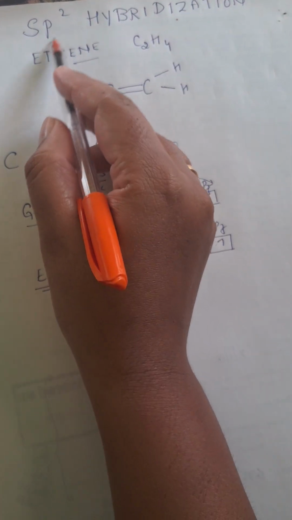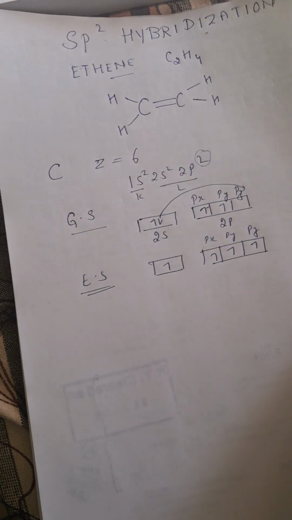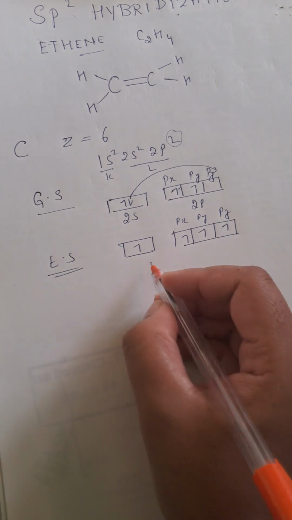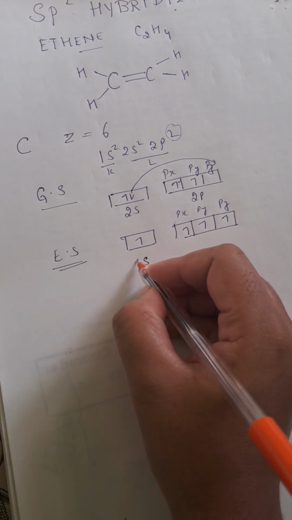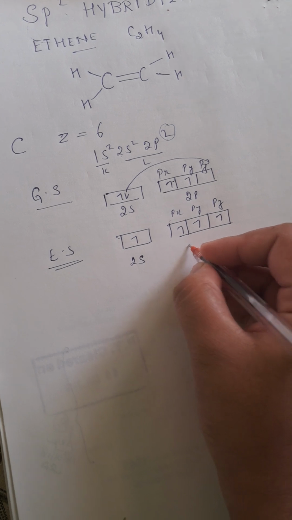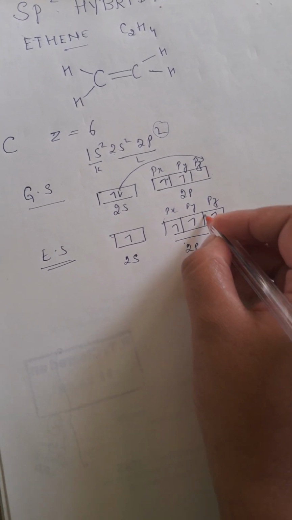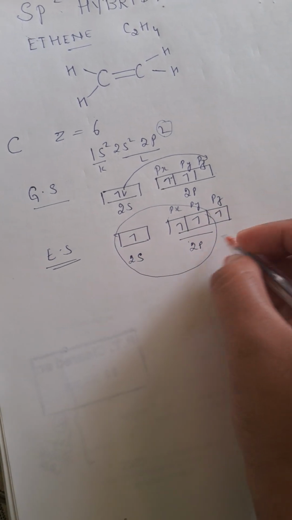Now let's see how this hybridization is created by the carbon atom. The word sp2 itself is very clear: one s orbital, that is 2s, and two p orbitals, that is 2p orbitals, are involved in forming sp2 hybridization.